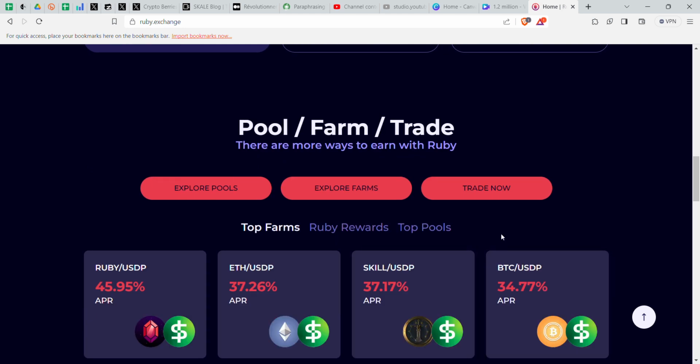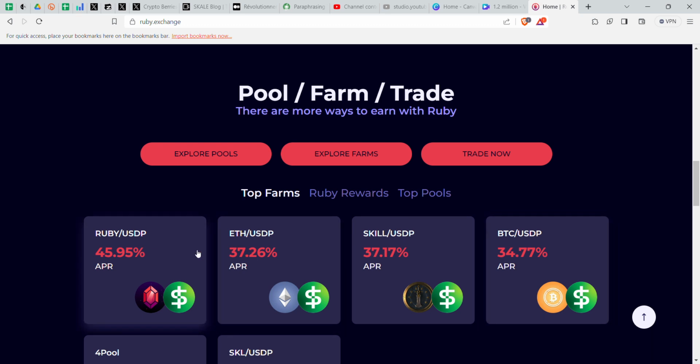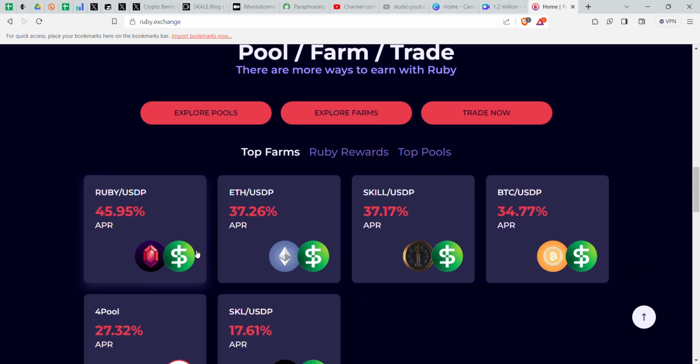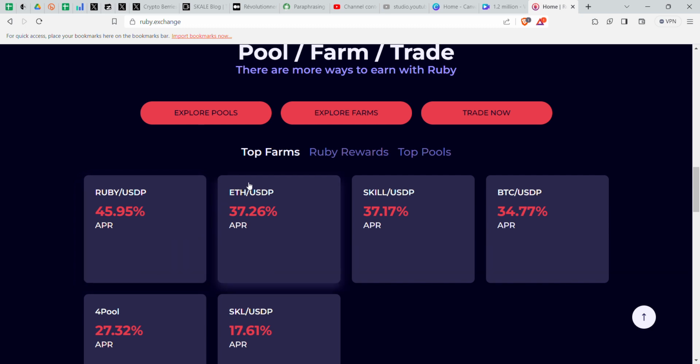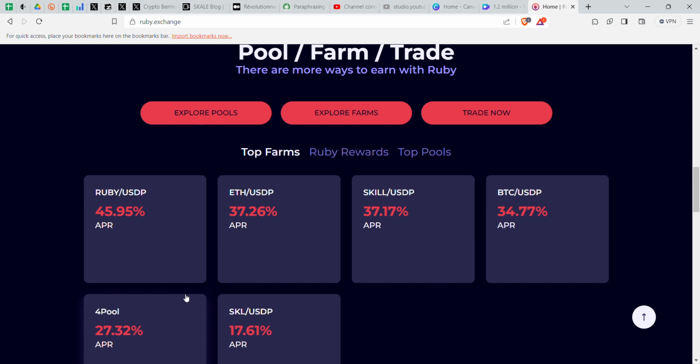Here are some pools and farms on Ruby Exchange. We can see this one with the highest APR of almost 46%. That's Ruby and USDP. We also have ETH and USDP, as well as SKALE and USDP.